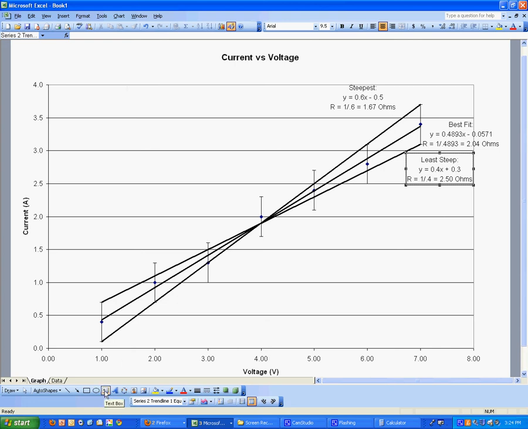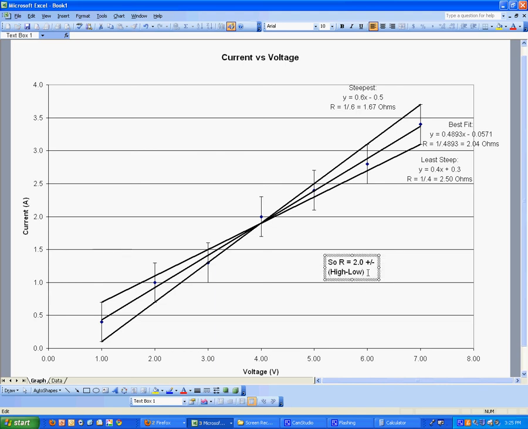And now we can do what the actual resistance is, plus or minus whatever, right? So I'm going to draw a text box here. Okay, so R equals 2.0 plus or minus. Well, what you're going to do is it's always high minus low, that whole thing divided by 2, right?